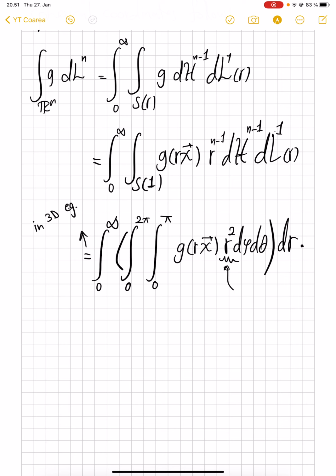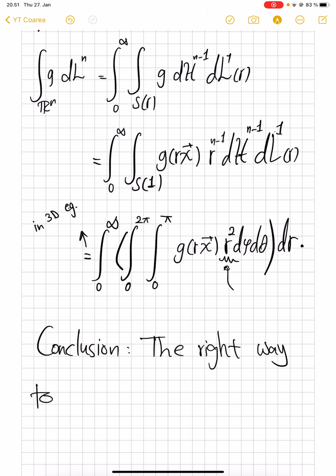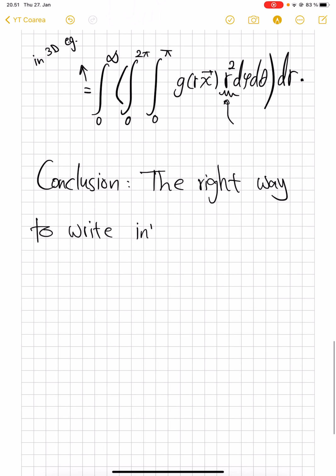So the only right way from this point of view to write integration, when you have R^2, we call it more often polar coordinates.